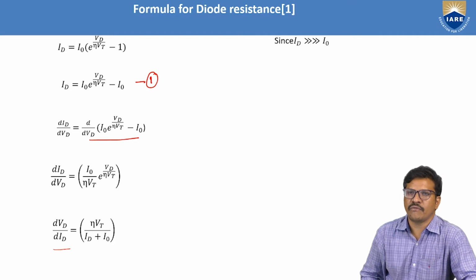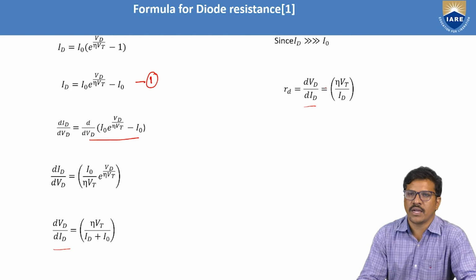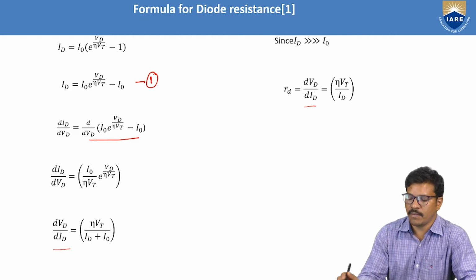Since Id is far greater than I naught, the diode current when compared with the reverse saturation current I naught, which is very small, by substituting that we finally get rd, which is dVd by dId, or delta Vd by delta Id, is equal to eta Vt by Id.